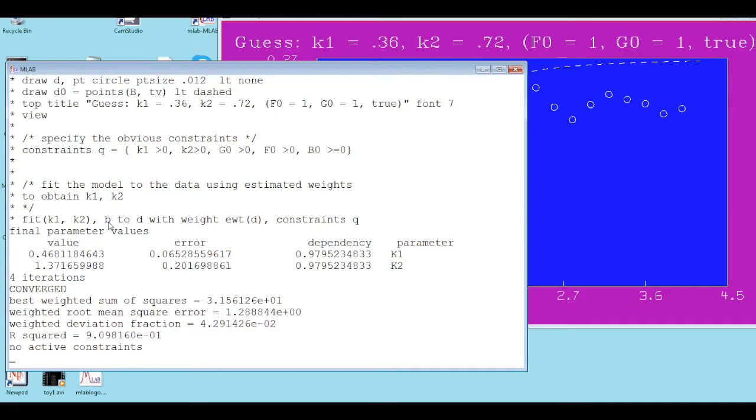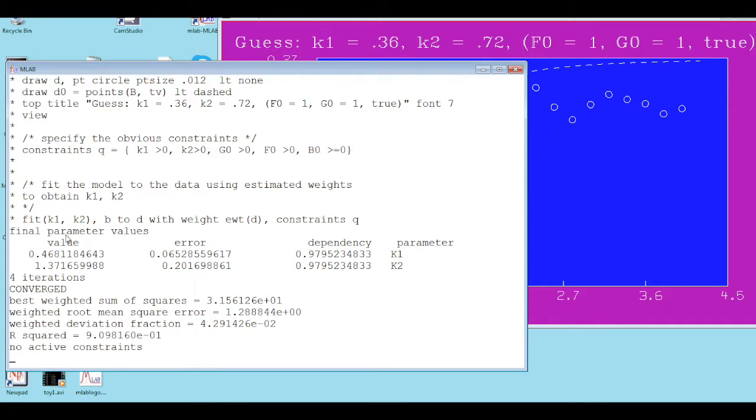Make the B curve go through these points as best you can with the weights EWT, which stands for estimated weights of the D data, with weights which are basically numbers that say how reliable each observation is. We want big weights on reliable numbers, and we want small weights on more unreliable numbers. So we say with the weights that we compute, honoring the constraints while you do the curve fitting.